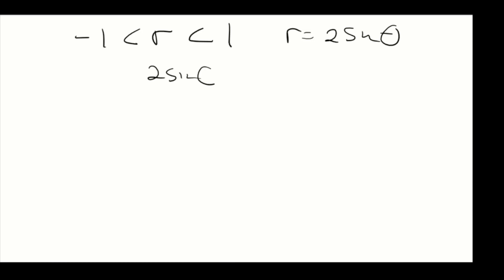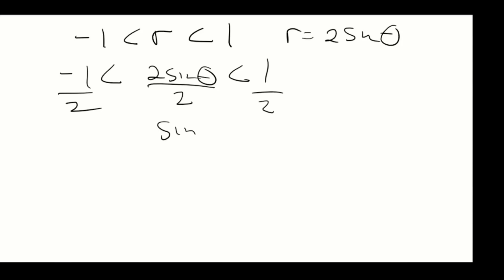So our convergence, which is -1 and 1, our R being equal to 2 sine of theta. So we're going to say 2 sine of theta lies between -1 and 1. Then we divide by 2 both sides. We remain with sine of theta lies between -1 over 2 and 1 over 2.